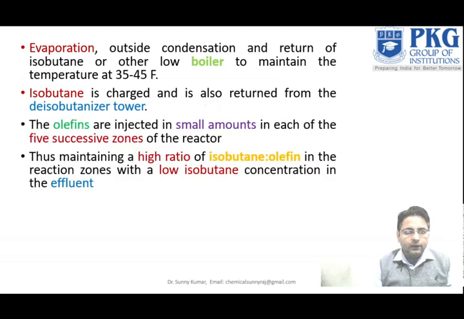The olefins are injected in a small amount in each of the 5 successive zones of the reactor. So you have seen there are 5 successive zones in the reactor, thus maintaining a high ratio of isobutane to olefins in the reaction zone with low isobutane concentration in the effluent.